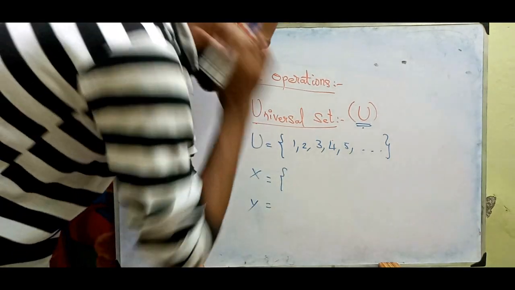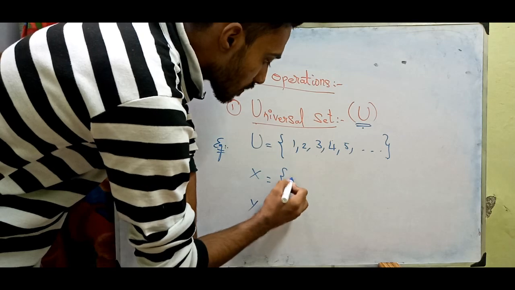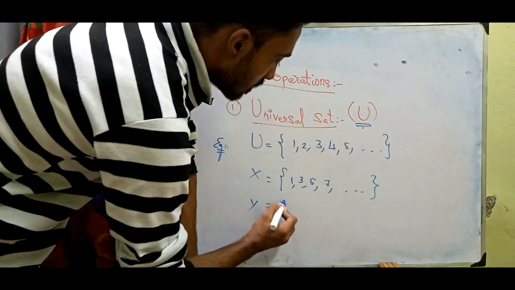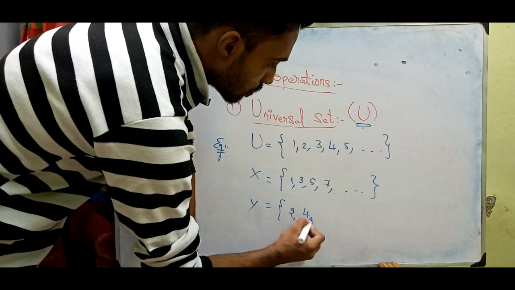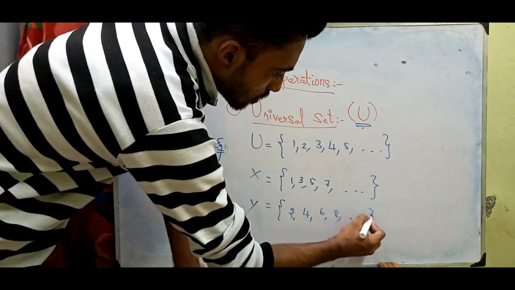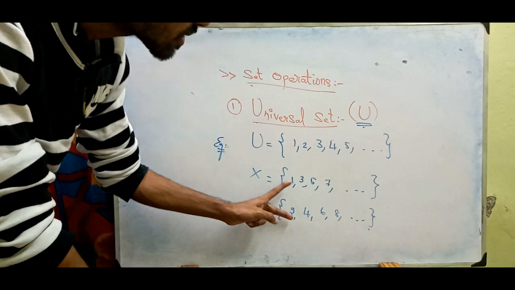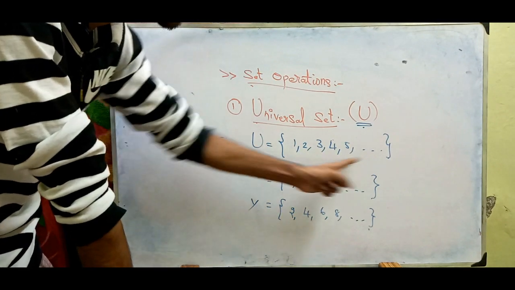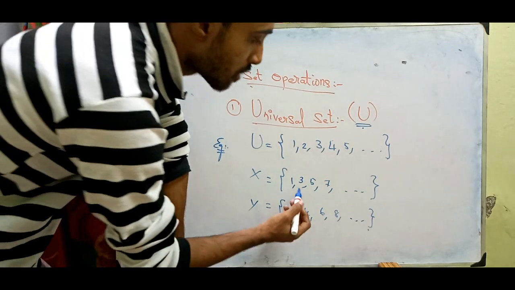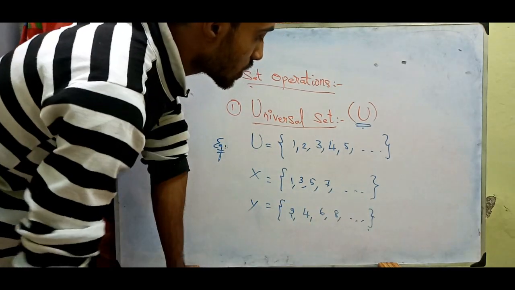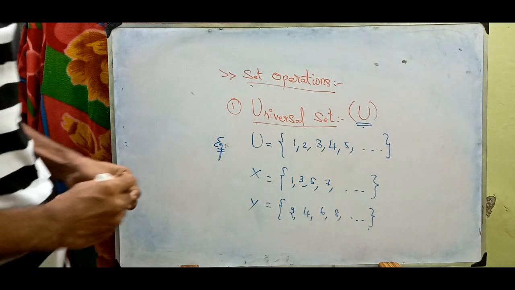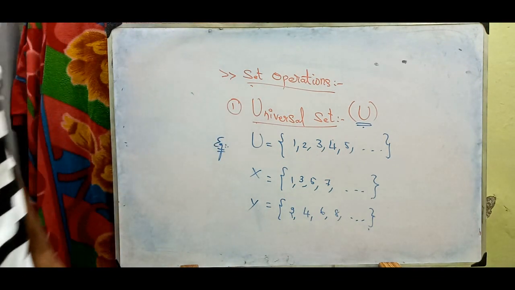So X is equal to 1, 3, 5, 7 and so on, and Y is 2, 4, 6, 8 and so on. If you collect all the elements in set X and set Y, you will get the universal set, that is the natural numbers, because odd natural numbers and even natural numbers together make up the natural numbers. Got it? So in this way you can find a universal set.